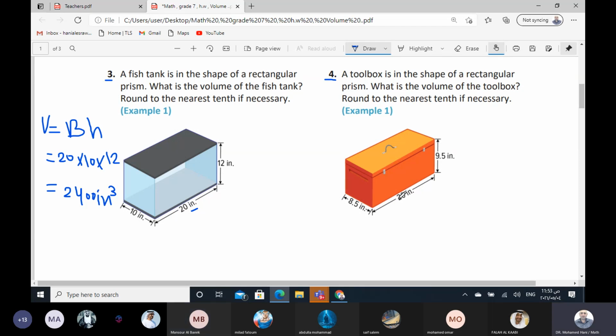So we can use the same formula. Volume equal the area of the base times the height of the prism. And the type of the base is rectangle, so the area will be length times the width times the height of the prism.